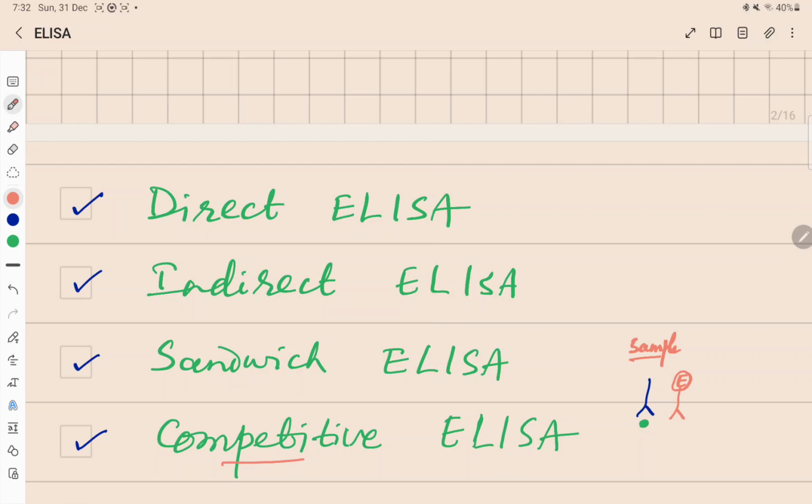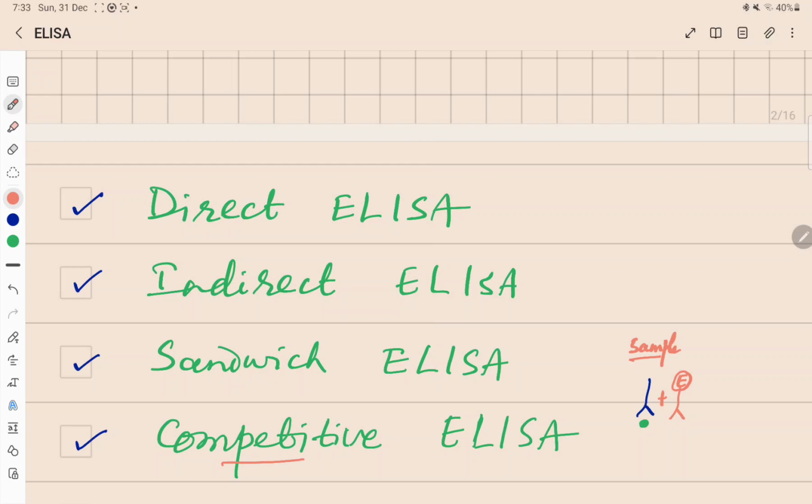We can discuss them in later classes in detail. Basically in competitive ELISA, if the antibody present in the sample is more, it will bind to the antigen, and if it is less, it will not bind. And if we have added another antibody conjugated to enzyme, when the antibody in the sample is less, this enzyme conjugated antibody will bind.